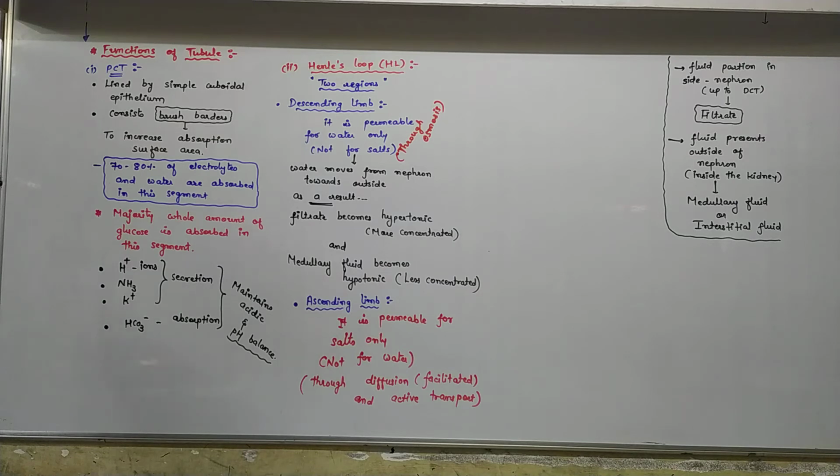The ascending limb of loop of Henle is permeable for salts only, not for water. But salts move through diffusion as well as active transport.